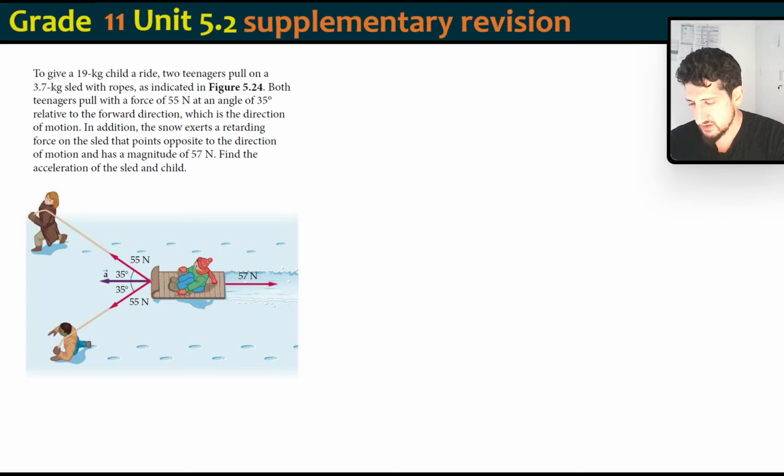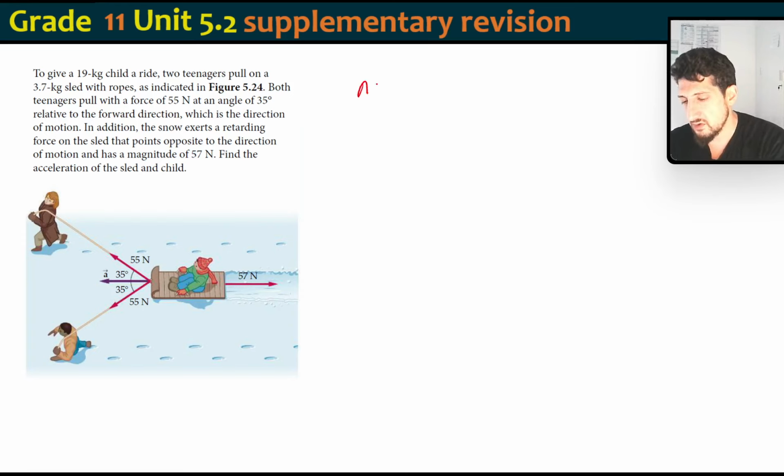Now obviously the sled is moving forward, but they are pulling at an angle. So what we need to do is work out the force A, which is moving forward. We're not interested in the hypotenuse, the force at an angle. We're interested in the force in the same direction as the movement. We have the mass of the child as well as the sled.